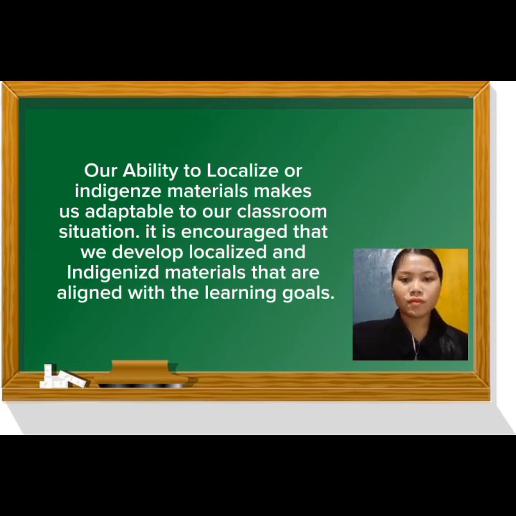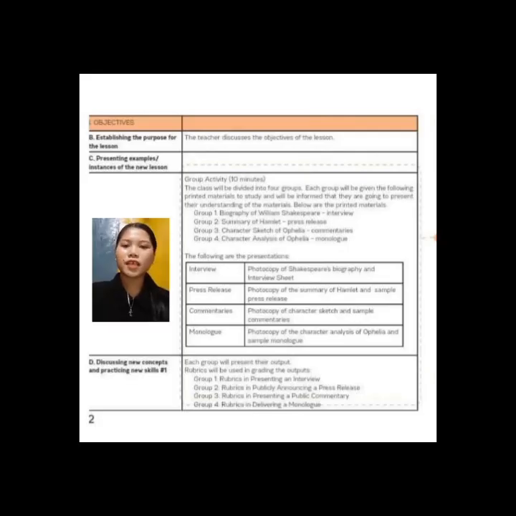So let's proceed here again in the table. We have here the objectives. Establishing the purpose for the lesson: the teacher discusses the objectives of the lesson. Presenting examples and instances of the new lesson. We have here the group activity.